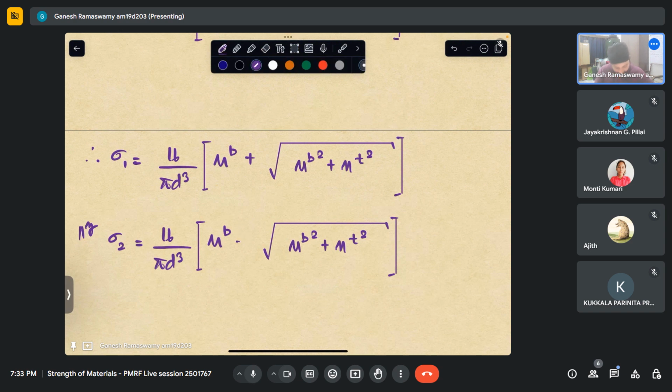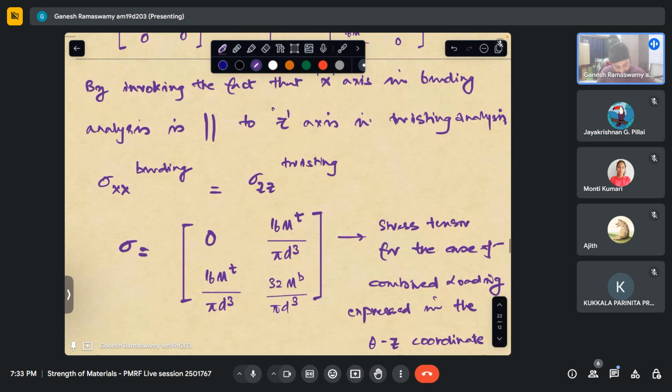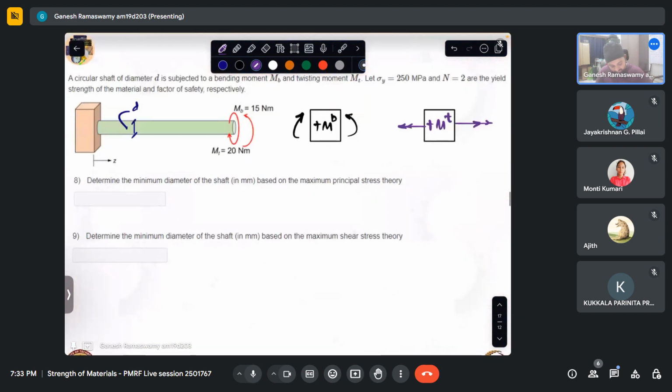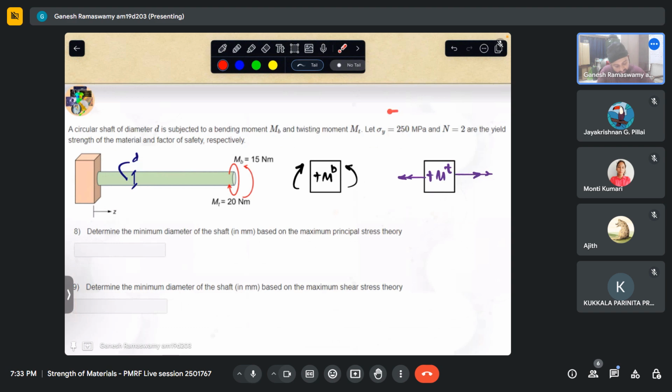Now we have to actually design the shaft by obtaining its minimum diameter based on the maximum principal stress theory. For this question, we have been given that for the material under uniaxial tension, sigma y, that is the yield stress, is 250, and the factor of safety is supposed to be taken as 2.